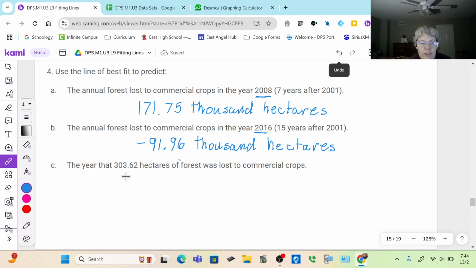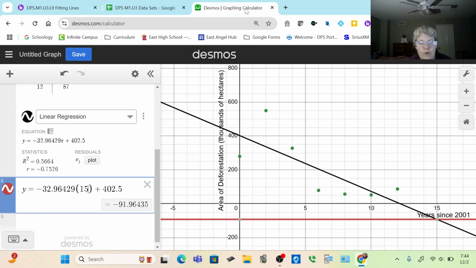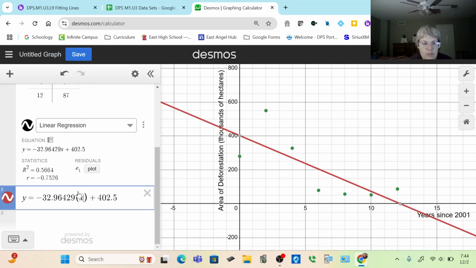In C, we're looking for a specific year. So we have 303.62 hectares. So going back, I'm going to replace the 15 with the X. Remember, X was the years. So now I want to put in a value for the area. That's my Y value. So I'm going to replace Y with 303.62. Now, while this box doesn't show me what the answer for X is, my graph does.